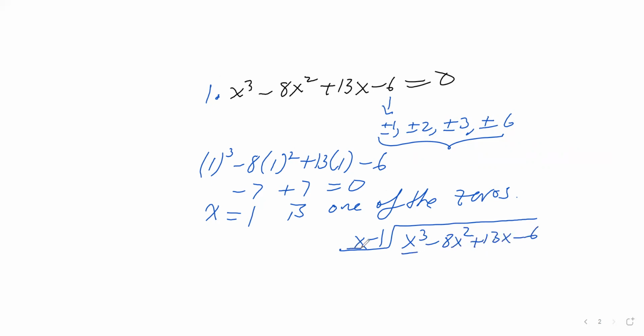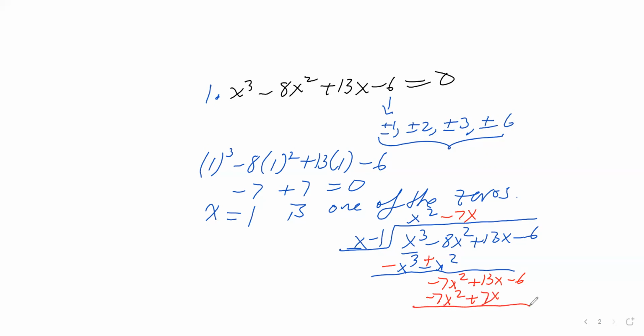Again, I will just divide the first term, x squared, multiply it, x cubed minus x squared, change the sign, minus plus, and this will be negative 7x squared plus 13x minus 6. Then divide it, you'll get negative 7x, so negative 7x squared plus 7x, and then subtract it. So you get plus here, minus here.